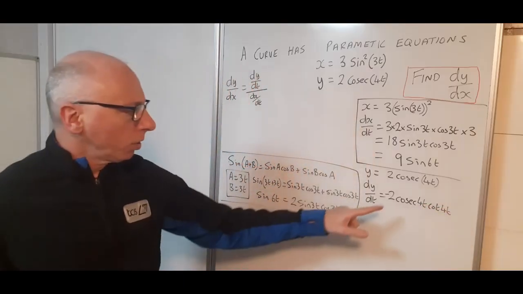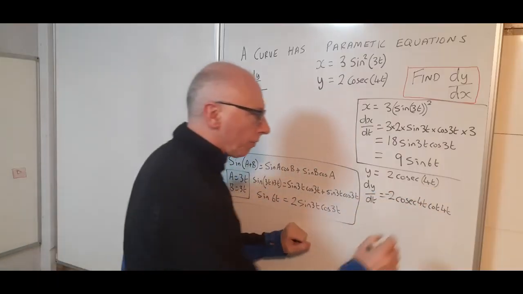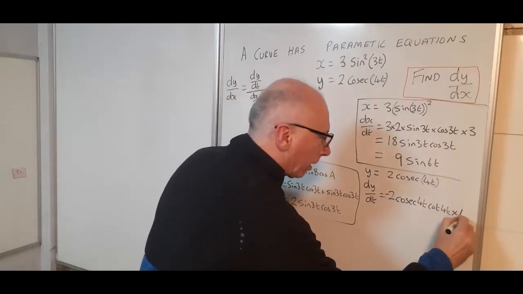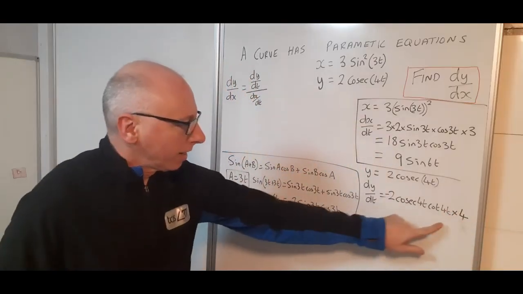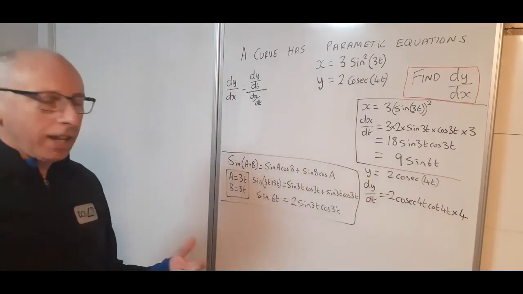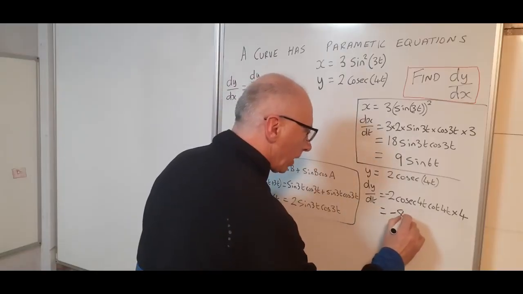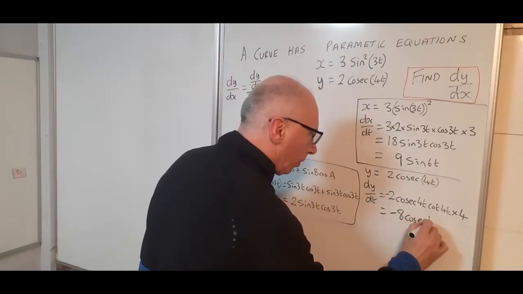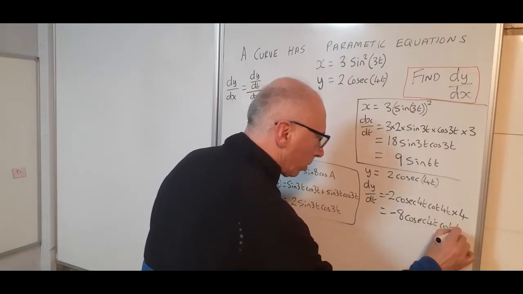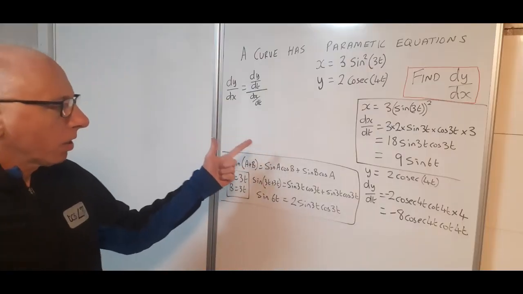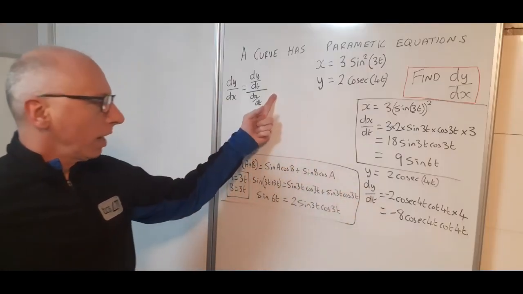By the chain rule I need to multiply by this 4. So times that by 4. 4 times 2 is going to give me 8. So that takes care of that. Now let's simplify this: I've got negative 8 cosec 4t cotangent 4t. So that's my building blocks to put inside here.